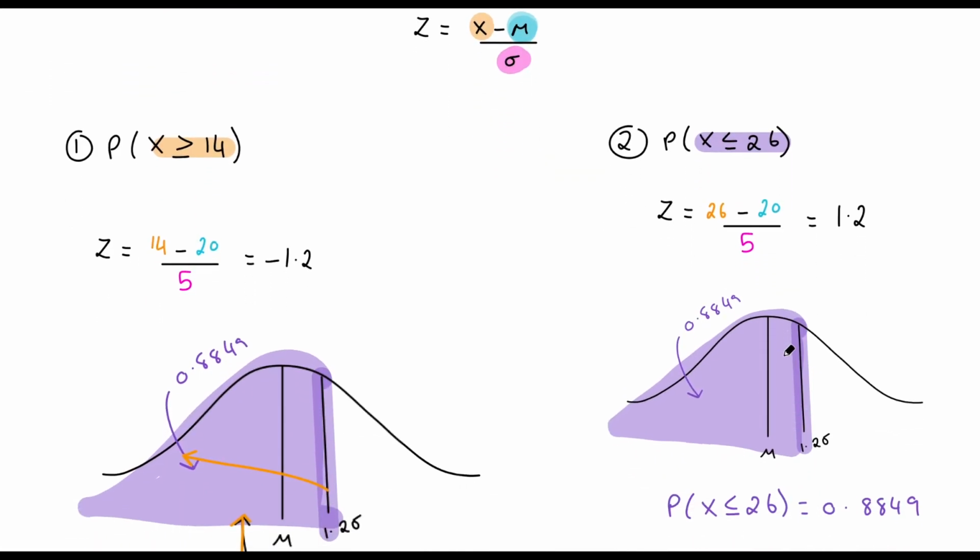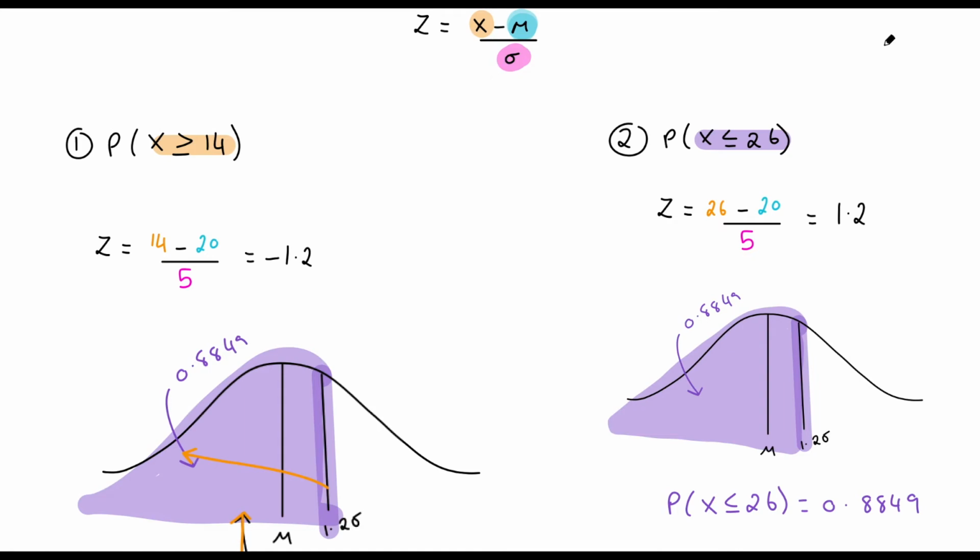So this time we do want that region, the purple region from 1.2 down, because it is x is less than. So it is going to exist within this part of the curve from here down. So our probability is just as we found it. We don't need to do anything or change anything about it. There's the two parts of the question done.